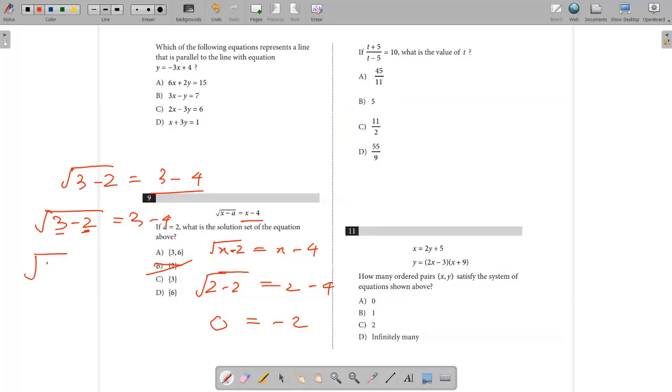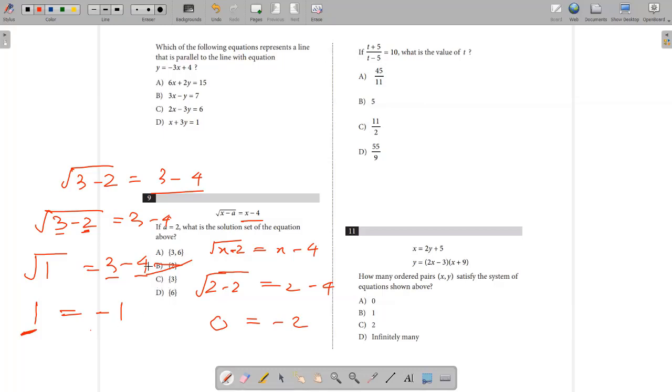So square root of 1 equals 3 minus 4. And how much is square root of 1? 1. How much is 3 minus 4? Negative 1. So is 1 equal to negative 1? No, it's not. 1 is different and negative 1 is different, right?